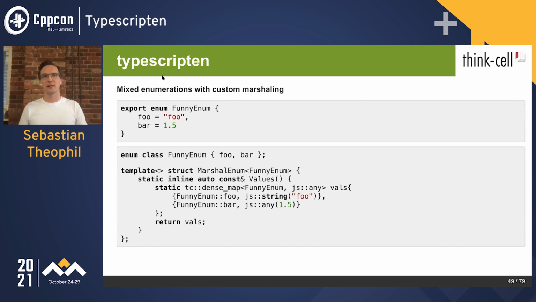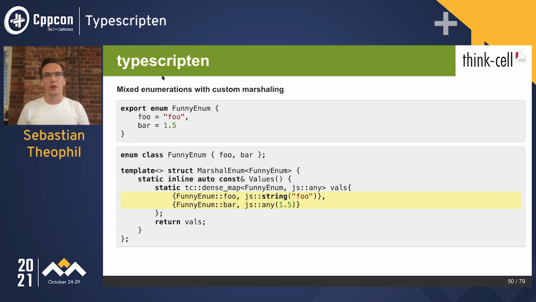What we can customize is how we marshal that to the JavaScript world. So we can define some template lookup type marshal enum that contains a map. And in that map, we say value foo should be marshaled to JavaScript as a string, and value bar should be marshaled to JavaScript as a double, actually. And then we have solved that problem.